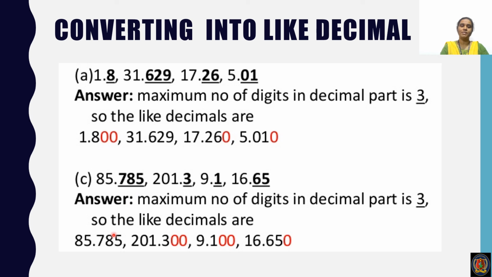The first number is written as it is, and to the second number we add 2 zeros, it becomes 201.300, and 9.1 has only one decimal place, so I add 2 more zeros, 9.100, and 16.65 has 2 decimal places, so I add only 1 zero, so it becomes 16.650. So the numbers now are like decimals.